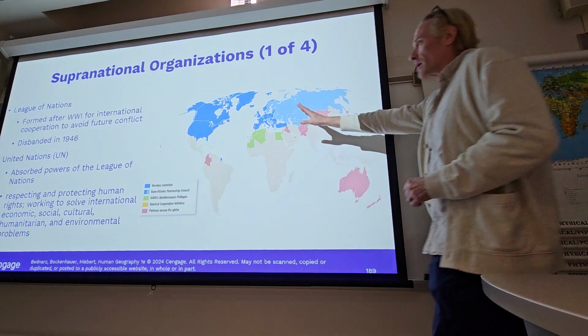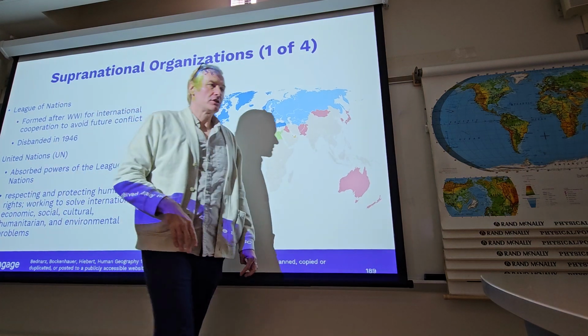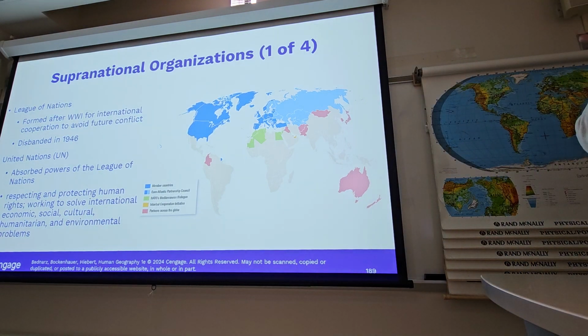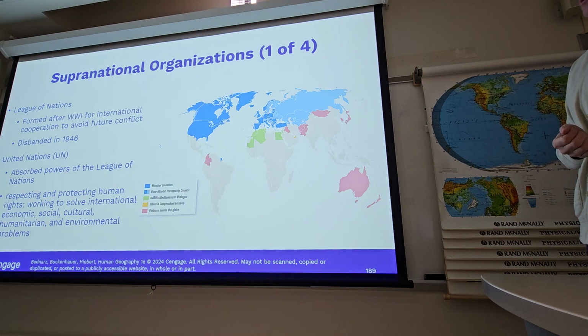What this stuff here talks about is just where the UN came from. There was a group called the League of Nations beforehand. The League of Nations was pretty much dropped because the purpose of the League of Nations was to make it so that there wouldn't be a World War II, but it really didn't do anything to slow down or stop World War II. So the UN came about afterward.